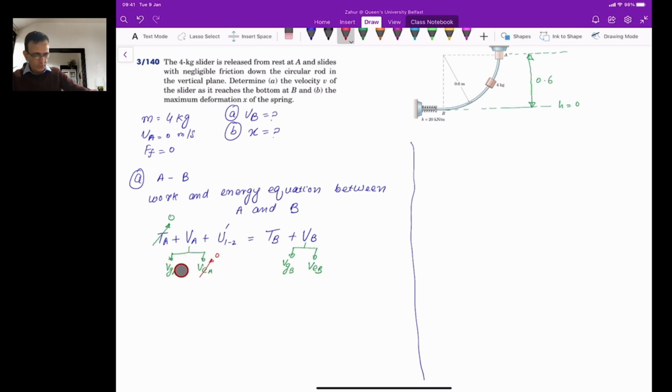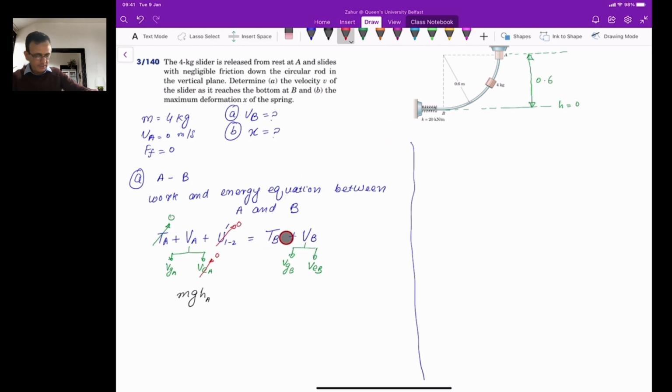The only potential energy that we should have at location A is VGA, which is just mgh A, and in this case, because there is no other force than gravity and spring, this term will also go to zero.